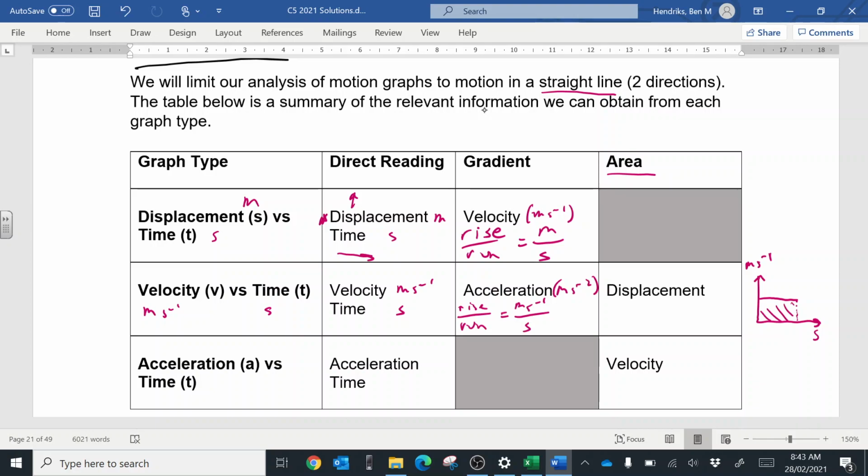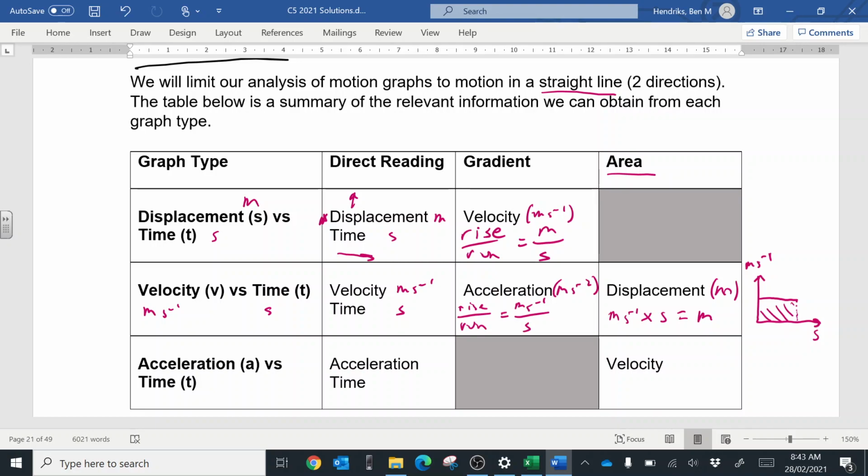So if length is meters per second times width, which is seconds, that's equal to meters, which is our unit of displacement. So calculating the area between the curve and the axis will give us meters.